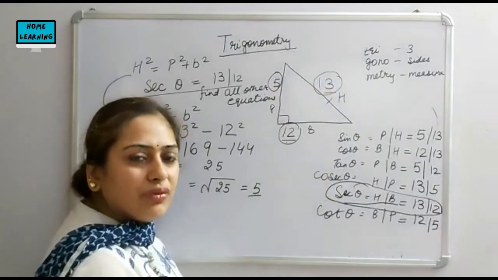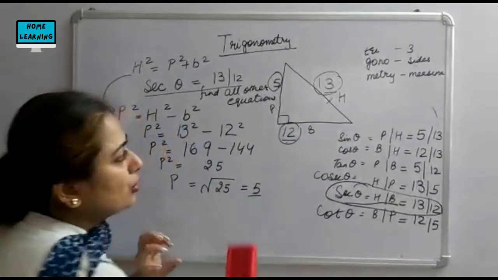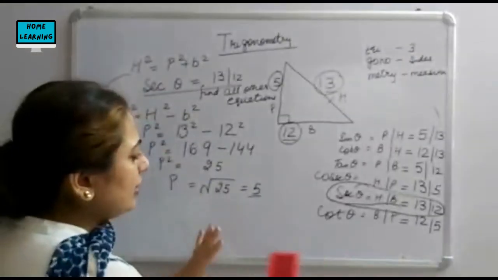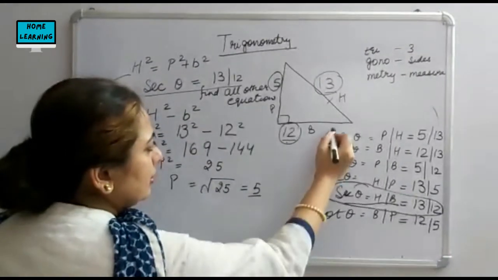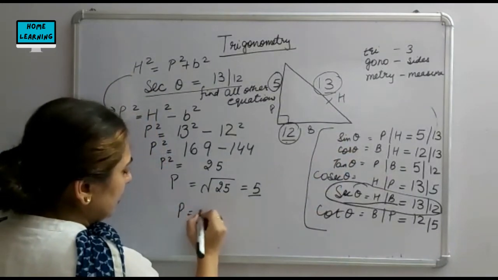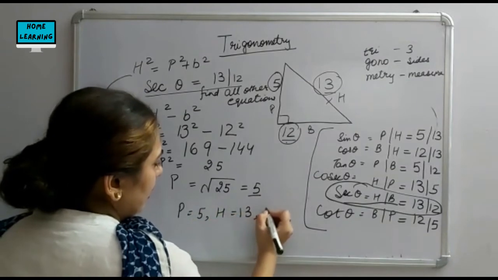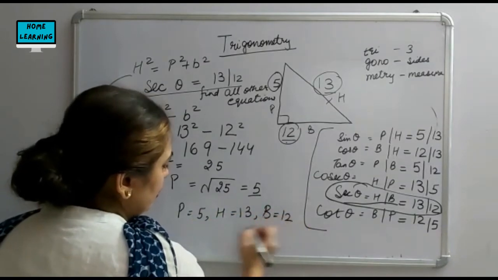Whenever you give your exam, just check before giving it to your teacher that yes, I have done everything correctly, and even you can mention clearly perpendicular is equal to 5, hypotenuse is equal to 13 and base is equal to 12.